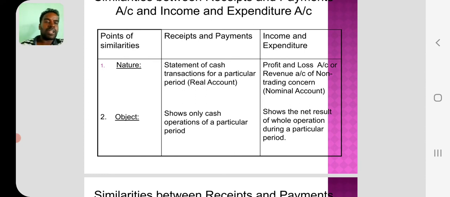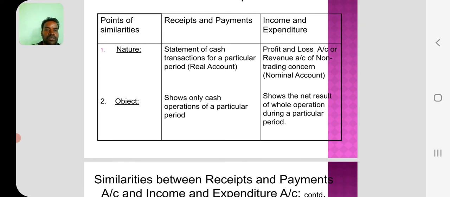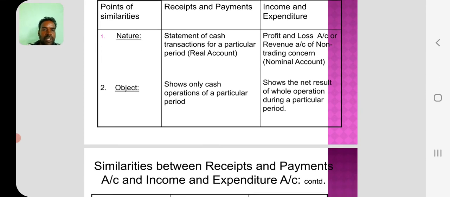Income and expenditure account is a revenue account of a non-trading concern and follows the nominal account rule. Receipts and payments follows the real account rule, that is debit what comes in and credit what goes out. Whereas income and expenditure follows the nominal account rule: debit all losses and expenses and credit all incomes and gains.